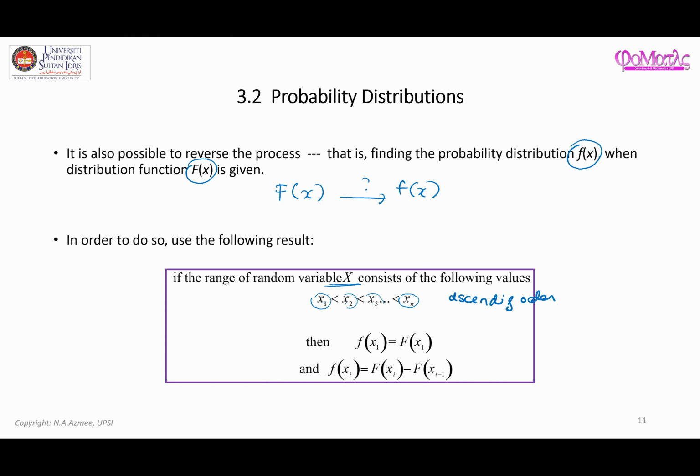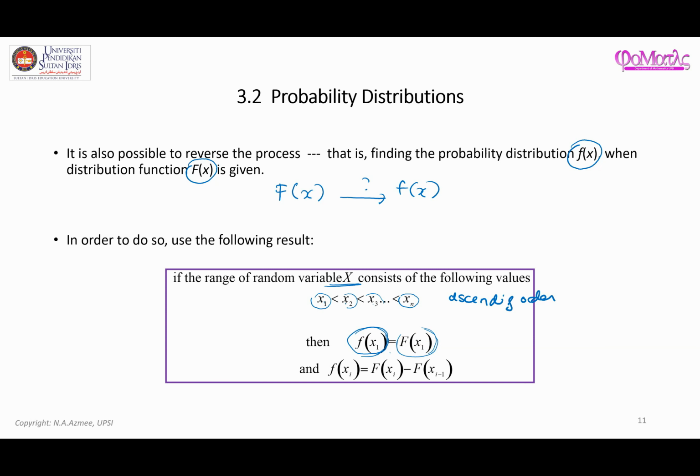Therefore, if you want to find the probability mass function for the first value x1, it can be obtained by simply considering the cumulative distribution function for x1.